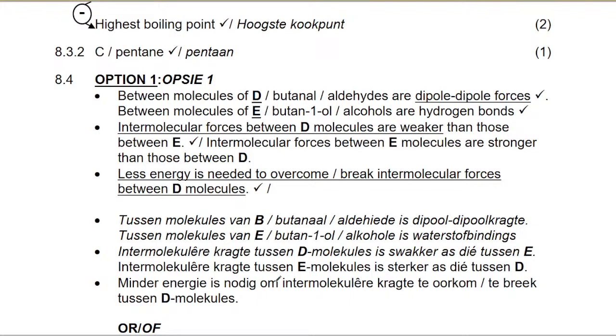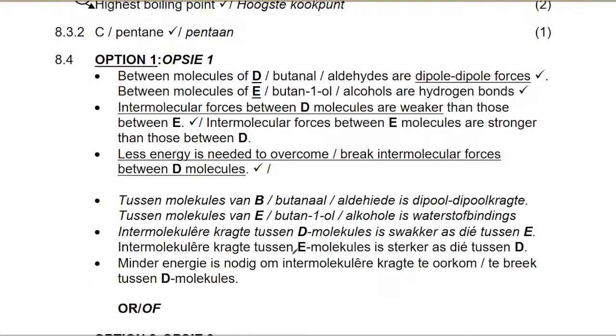So for the 3rd mark, you are comparing the intermolecular forces between D and E by saying intermolecular forces between D molecules are weaker than that, or you can write it as the opposite one: intermolecular forces between E are stronger than the D. And then bullet number 3 for the fourth mark, less energy is needed to overcome or to break intermolecular forces between the molecules. Obviously, it will be compared to E. So that will be the fourth mark.